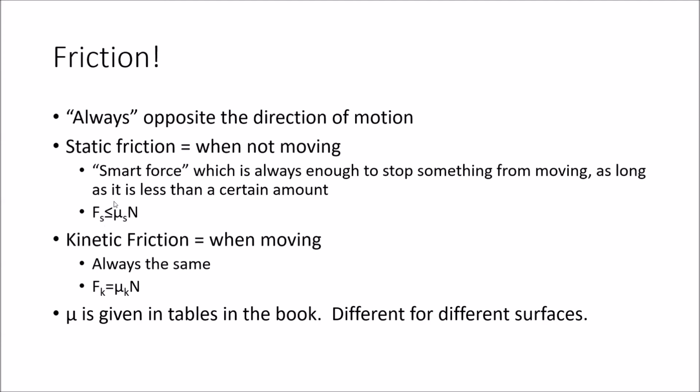And that's what that less than or equal to sign gives us. It gives us the freedom to have a static friction which could be zero. Zero is less than or equal to the coefficient of static friction times the normal force. Look at your table right now. If you're not pushing on it, then the amount of static friction on it is zero.